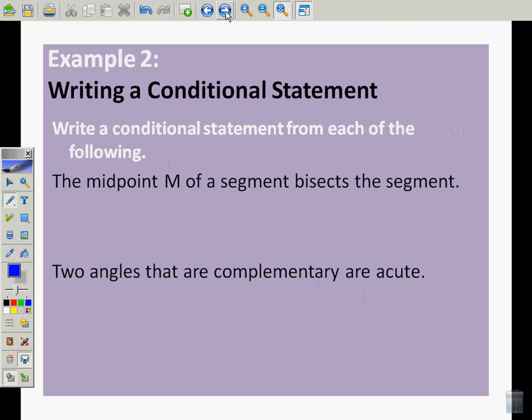We can also take other statements and write them as conditional statements. Okay, so the midpoint M of a segment bisects the segment.